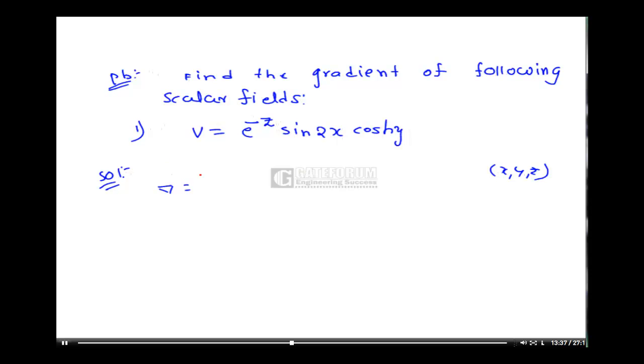So del v is equal to dou v by dou x ax bar plus dou v by dou y ay bar plus dou v by dou z az bar. When you are differentiating with respect to x, the remaining two, y and z, are constant. So here e power minus z and cos hy are constant. Dou by dou x of sin 2x is nothing but 2 cos 2x.